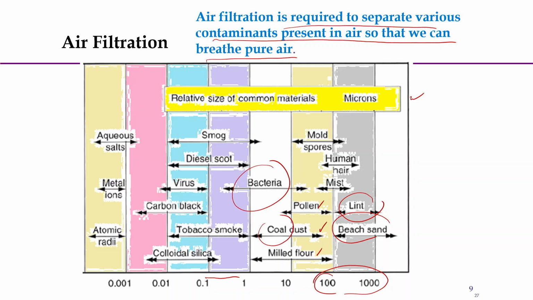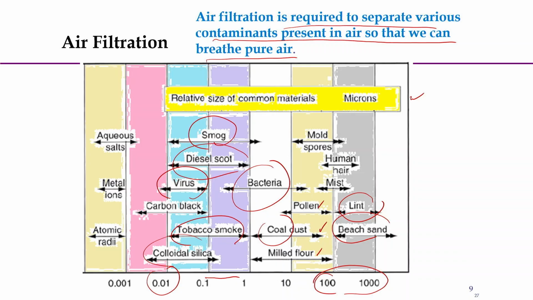If you go towards the finer particles, you can see colloidal silica, tobacco smoke, carbon black, even virus dimension is 0.01 to 0.1 micron, diesel soot is in this range, smog is in this range. These particles we have to prevent from entering our body, and we have to use the filter media.